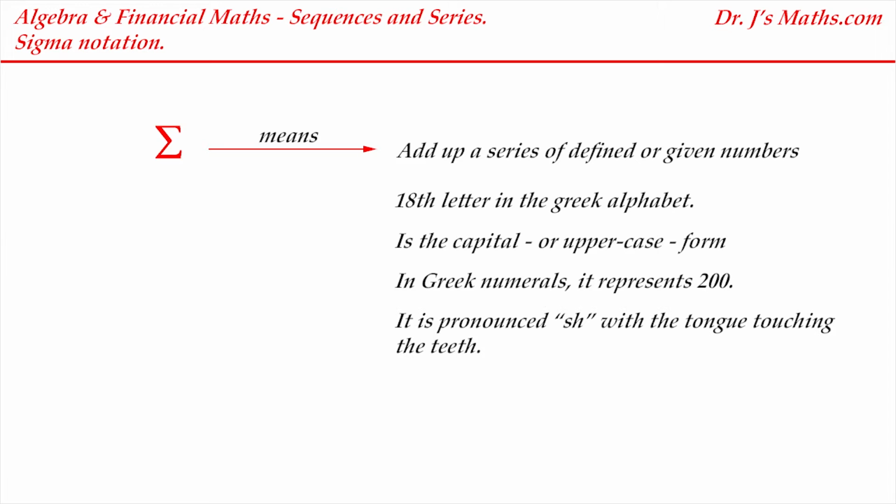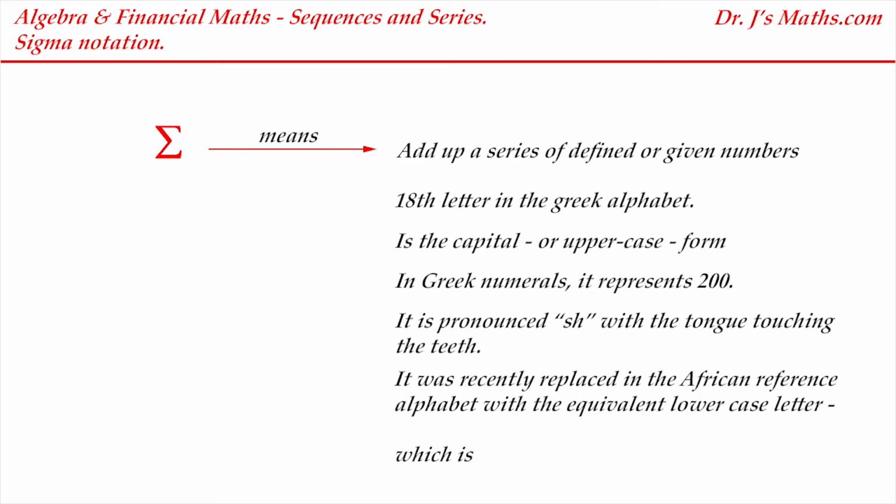It is pronounced when you're actually reading text as a sh, with the tongue touching the teeth. And it was recently replaced in the African reference alphabet with the equivalent lowercase letter, which is the integral sign. So interesting, because now they both mean sum.